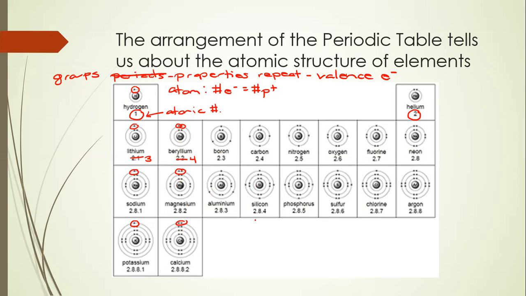We skip the transition metals to get to group 3, and we see that all of the elements in group 3 have 3 valence electrons. The important thing I want you to note here is that the first shell contains a maximum of 2 electrons. Subsequent shells contain a maximum of 8 electrons.